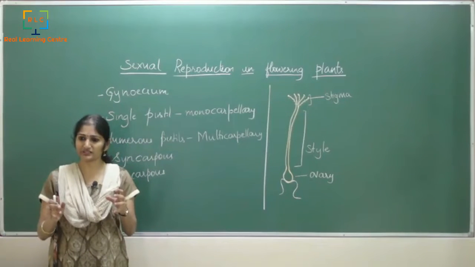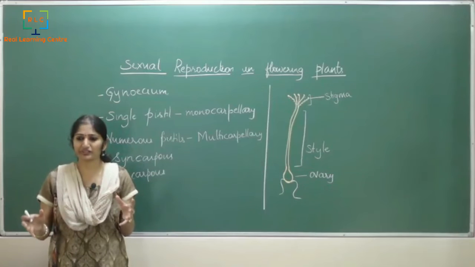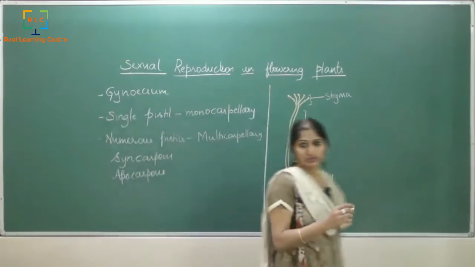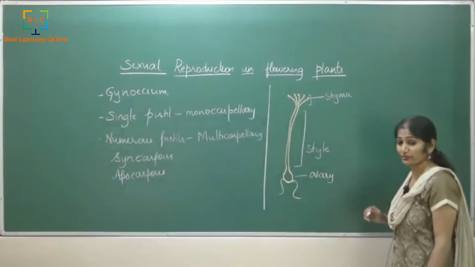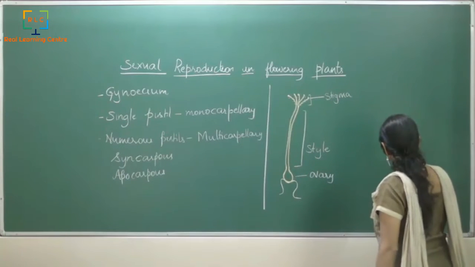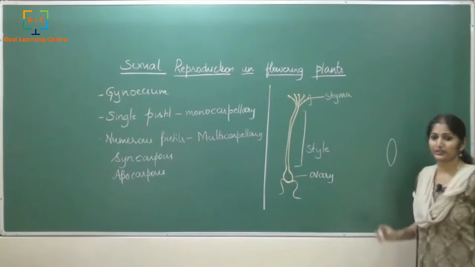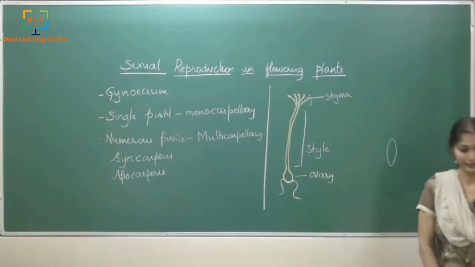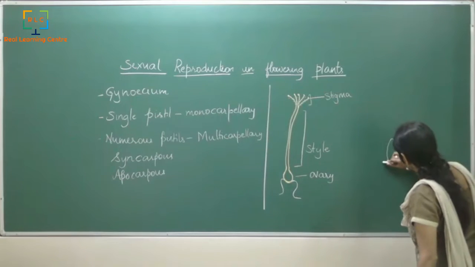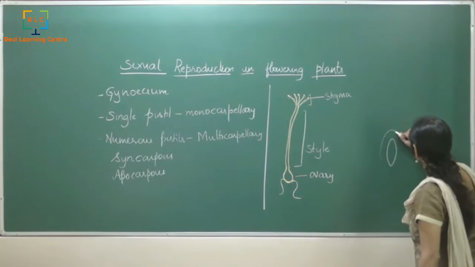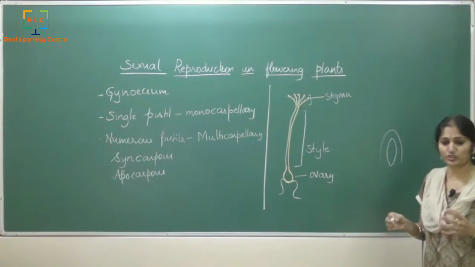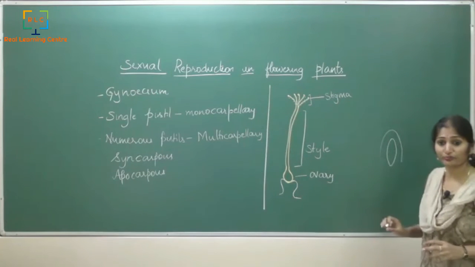you see that it is made up of many different types of layers. So let me just write one of them here. So there would be embryo sac, and on this embryo sac you would see one covering, and that covering is something which kind of protects the whole of the embryo, right?